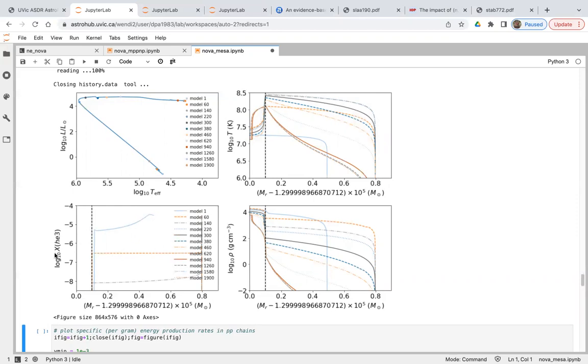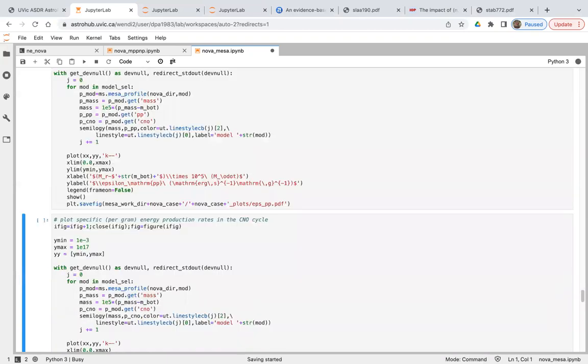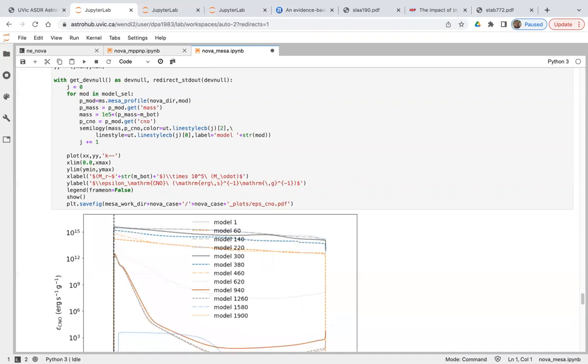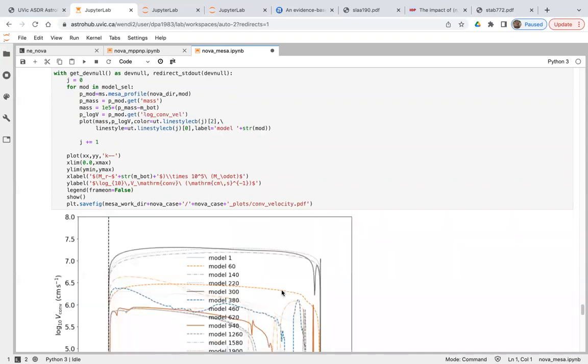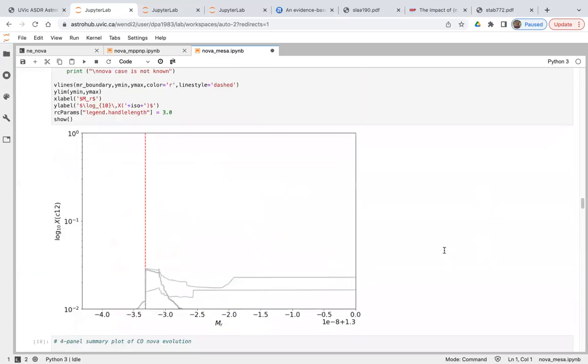You can change what's plotted here. So this is a summary. Everything works. You can have a look at this plot.